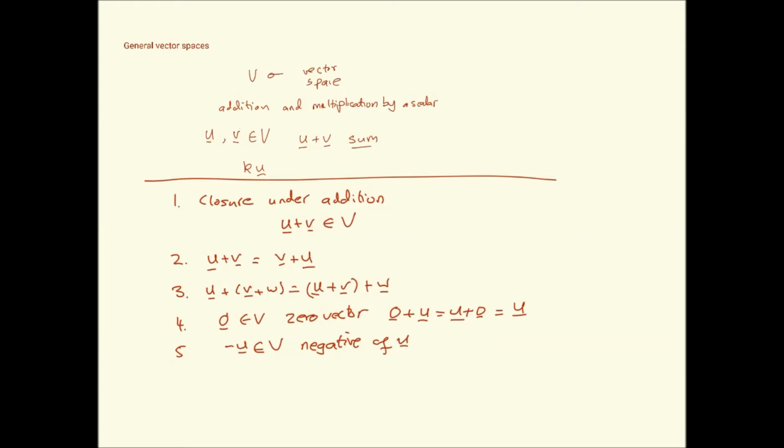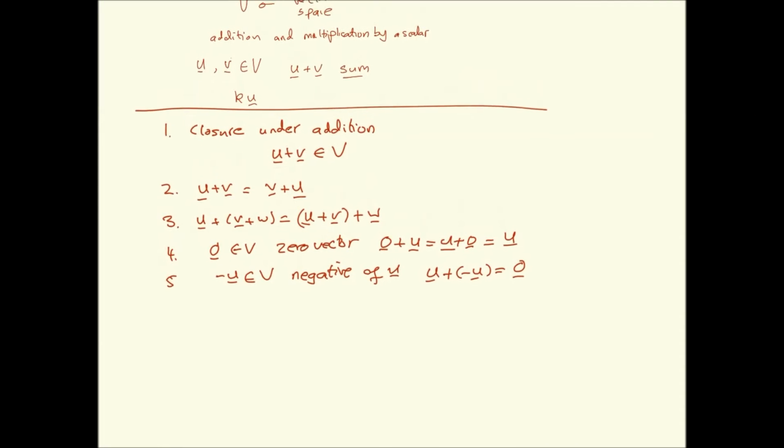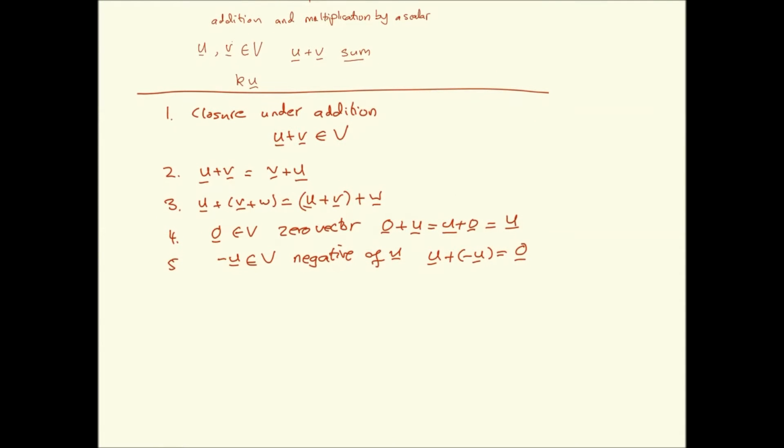It is such a vector that whenever we add the negative of u to u, we end up with the zero vector as defined in 4. Those are the first 5 axioms, and all of these are basically the closure axiom and then the addition axioms, and then the definition of the zero vector, a very important definition, in fact.